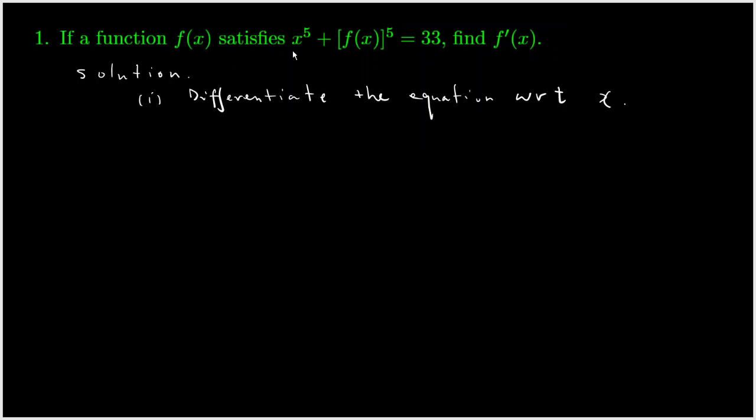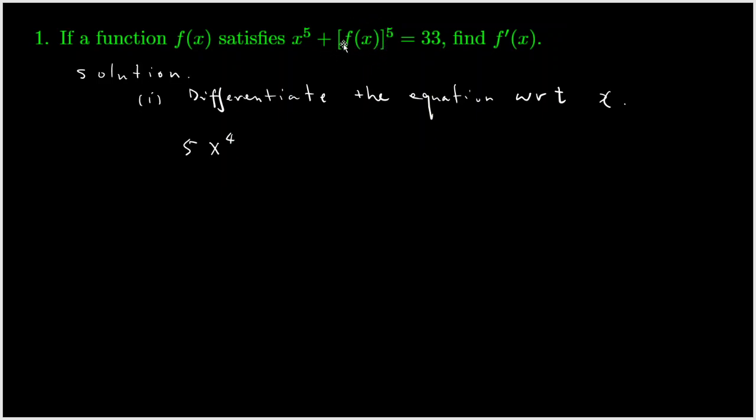Okay. The derivative of x to the power 5, you apply the power rule. You have 5x to the power 4. Simple, right? Differentiating the second term, you need to use the chain rule. If you want, you can write the derivative of the second term in the chat box.